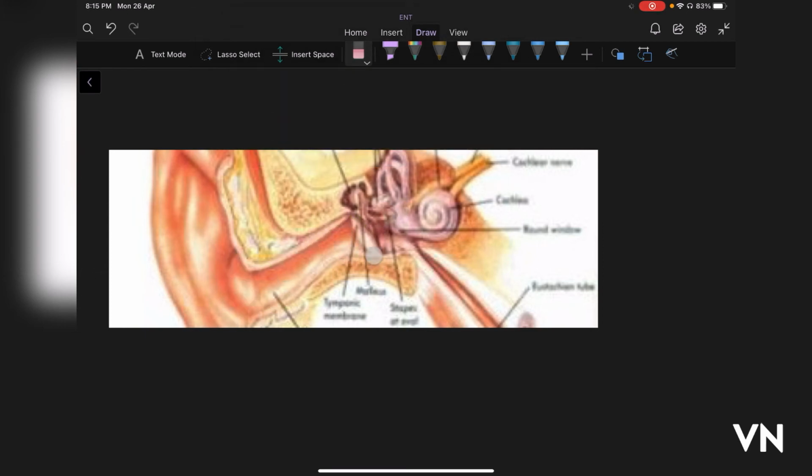Just look at this. If I trace it over here, it goes like this, and it goes like this, and it is straight. See, this is your tympanic membrane basically. This part gets thinned out. This part is known as your isthmus.